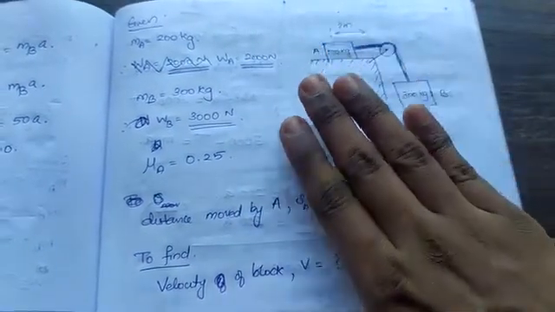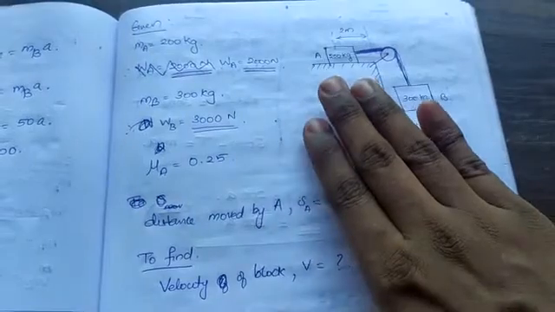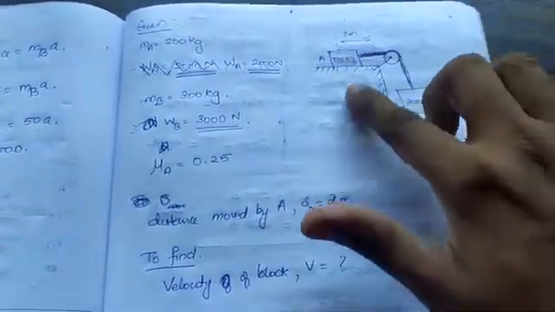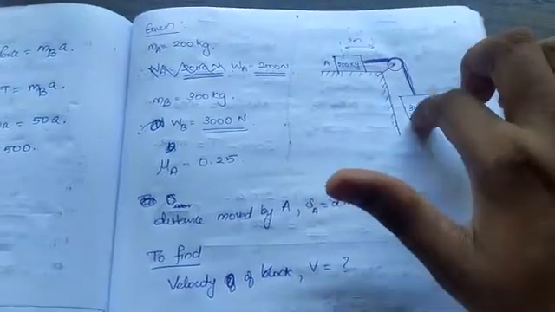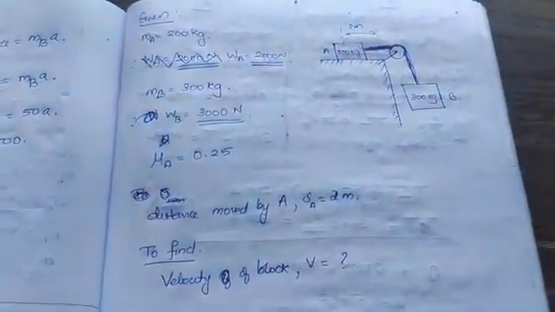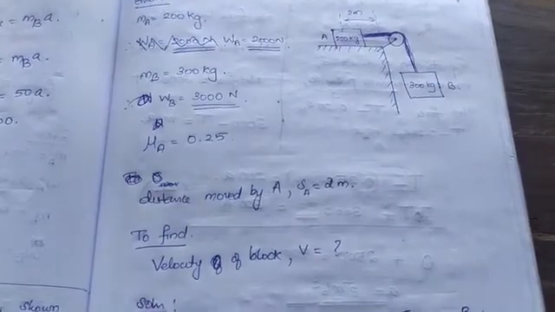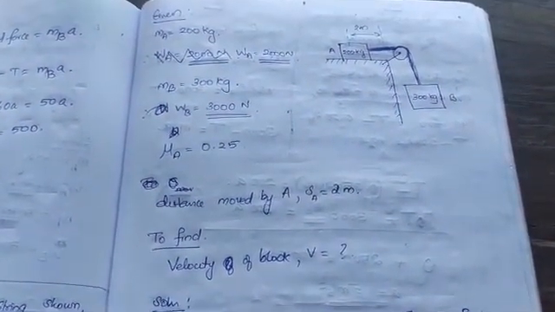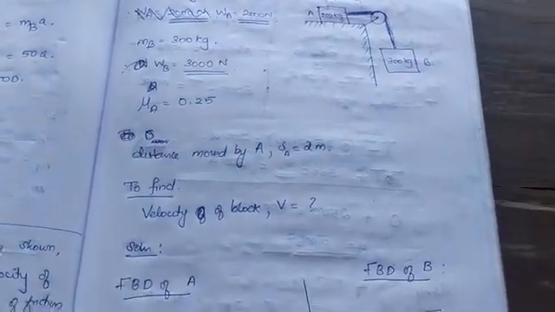But in order to find the velocity, you need to find the acceleration of either B or A. Both will be the same, right? They are connected directly through just one pulley. So the given data are written. The velocity of the block, V, has to be found out.